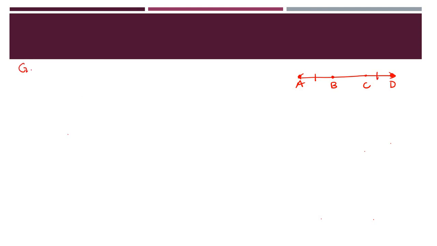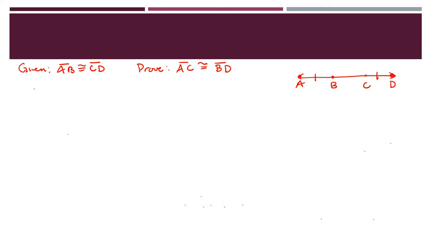So the given information is that segment AB is congruent to segment CD. And you want to prove that segment AC is congruent to segment BD.